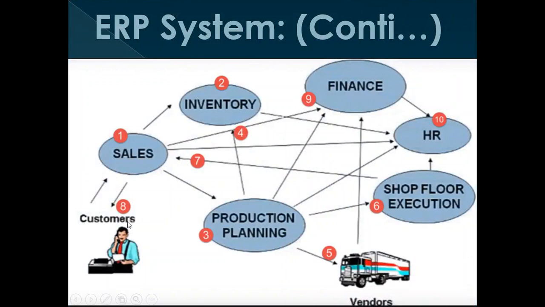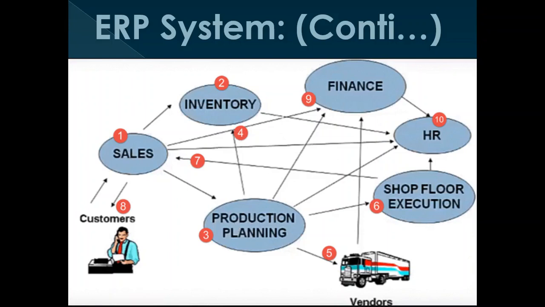Now come to the ERP system. We are taking the same example here. There is a customer. The customer has placed a sales order with the sales team for 100 cars. Now here the ERP system is available. The sales team went to inventory and asked how much inventory we have, how much raw material, how many cars we can produce.